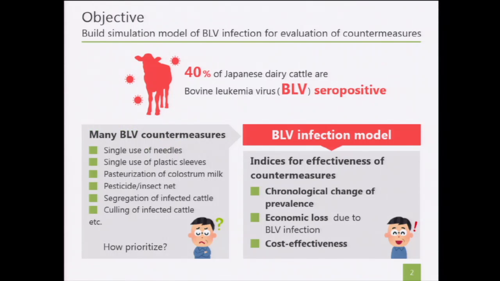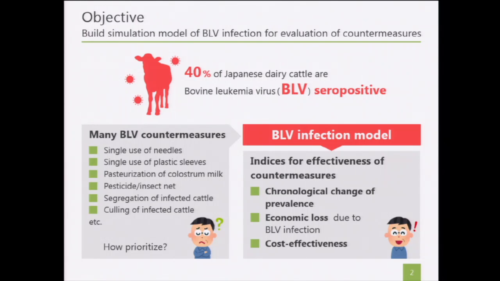Okay. The objective of the study is to build a simulation model of bovine leukemia virus, BLV, in a farm in order to help decision-making on BLV countermeasures. BLV is a causative agent of enzootic bovine leukosis, EBL, which is one of the notifiable livestock diseases in Japan.